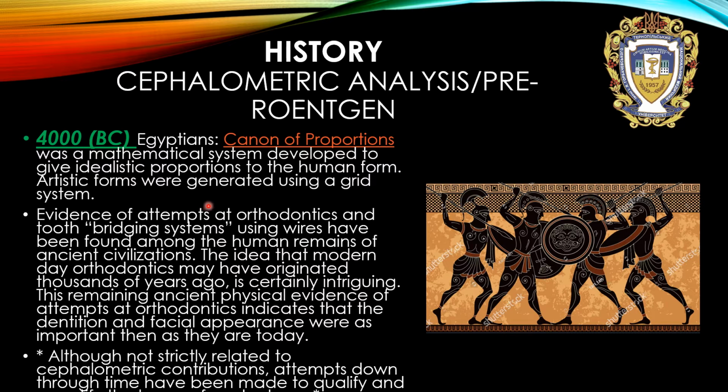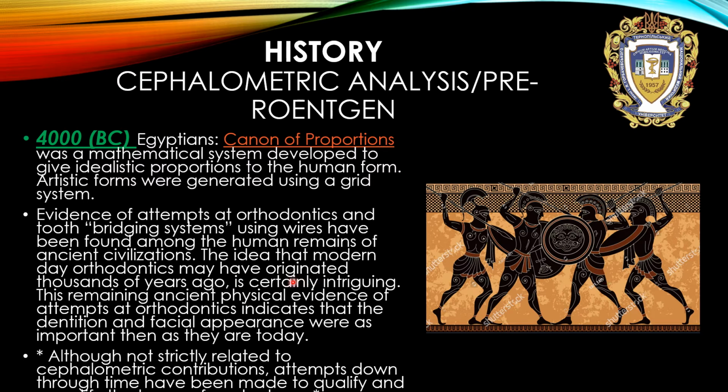Evidence of attempts at orthodontics and tooth-moving systems using wires has been found among the human remains of ancient civilizations. The idea that modern-day orthodontics may have originated thousands of years ago is intriguing.